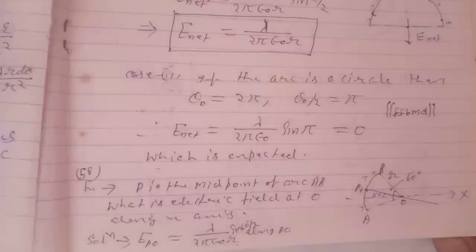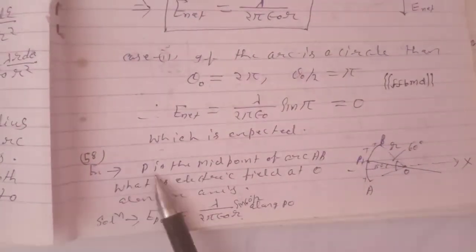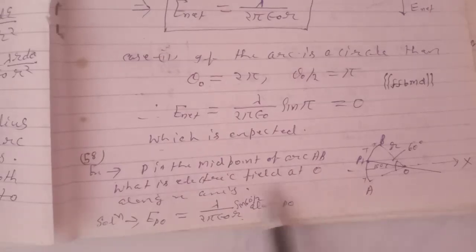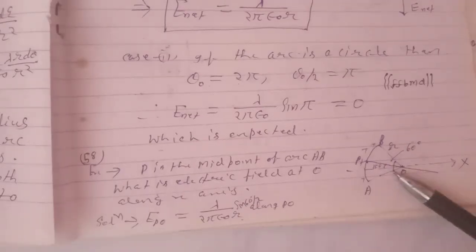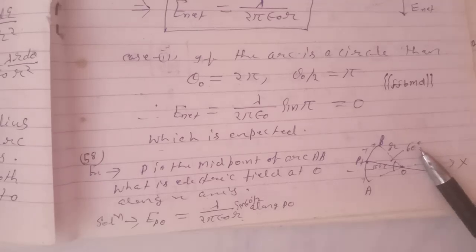Question: P is the midpoint of arc AB. What is the electric field at O along the x-axis? This is an arc AB of 60 degrees, that is theta naught is 60 degrees.